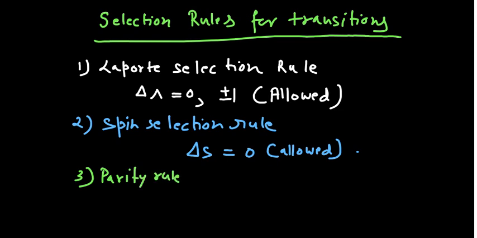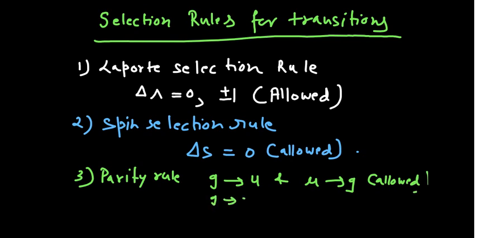What it says, as I have already told you, is that transitions from gerade to ungerade and from ungerade to gerade are allowed, while gerade to gerade is forbidden, and ungerade to ungerade is also forbidden. That is the third rule.